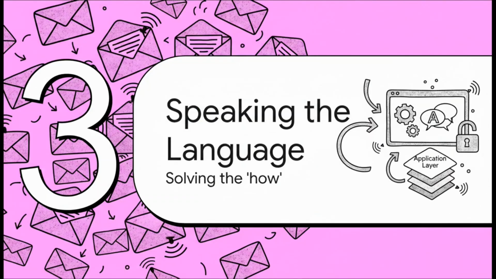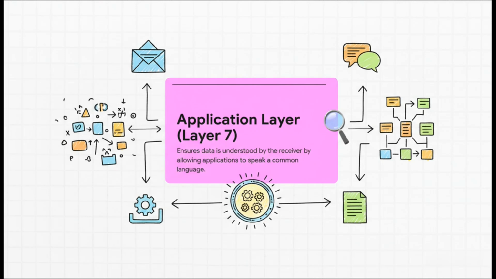But getting the data to the right door is only half the battle. Once that application opens the door, it has to actually understand the message inside. And that's where our next piece of the puzzle, the application layer, comes into play. The application layer, also known as Layer 7, is designed to solve exactly this problem.